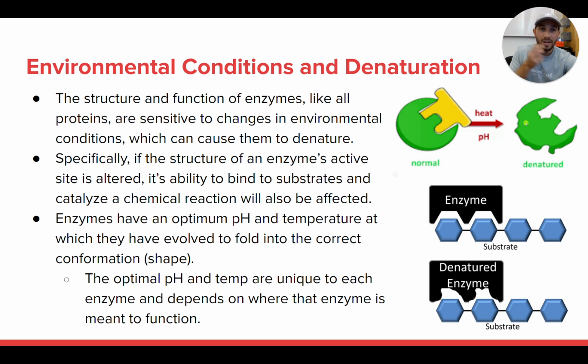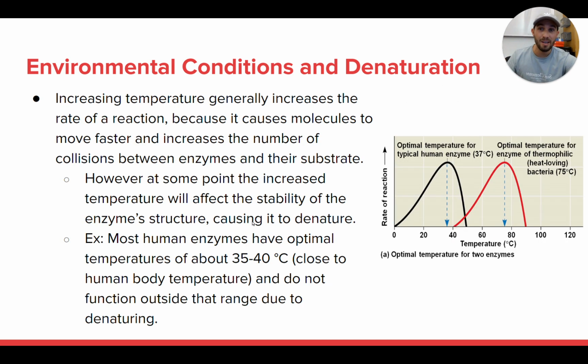And so enzymes, depending on the enzyme, every enzyme has an optimal pH and an optimal temperature that it functions at, where it's going to do its job and catalyze the reaction most efficiently and fastest. And it just depends on the enzyme. When it comes to temperature, for example, in general, for chemical reactions outside of biology, you should have learned this in chemistry, a higher temperature actually causes chemical reactions to happen faster.